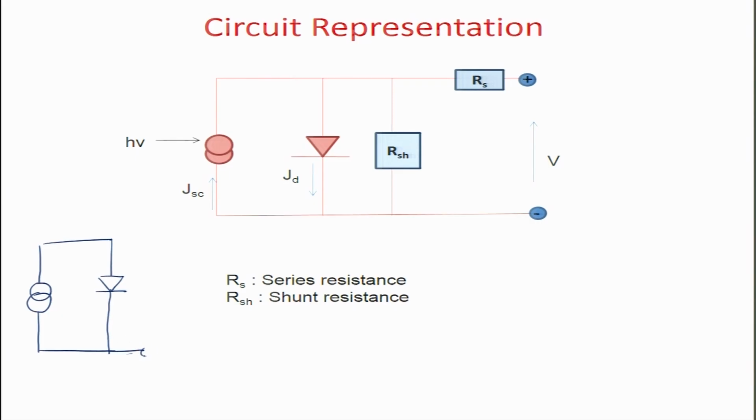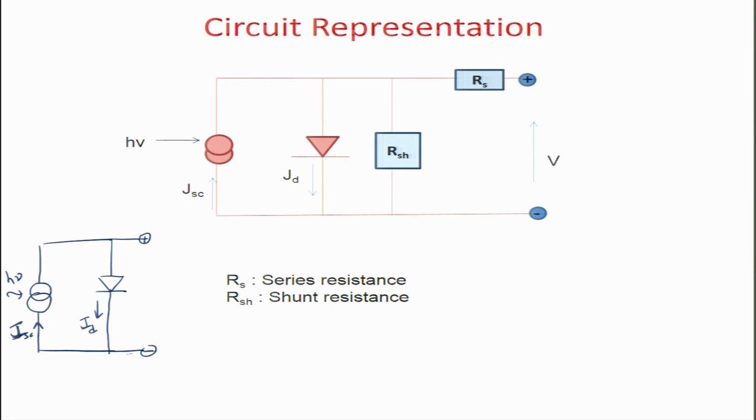You have radiation coming, which gives rise to a JSC or ISC. This would be the dark current, the two opposing currents, and there are no parasitic resistances. So, the only thing that counters ISC is the ID, as a function of bias.